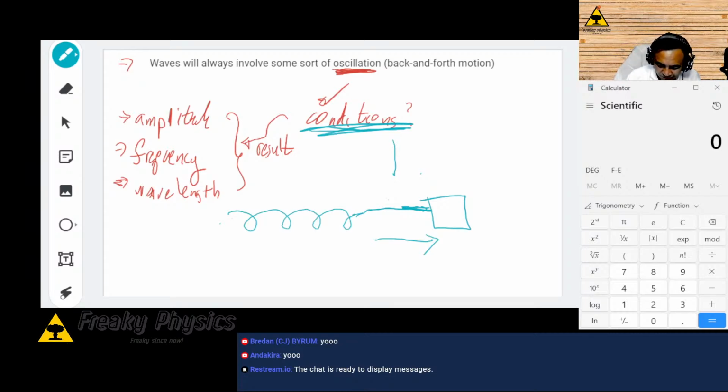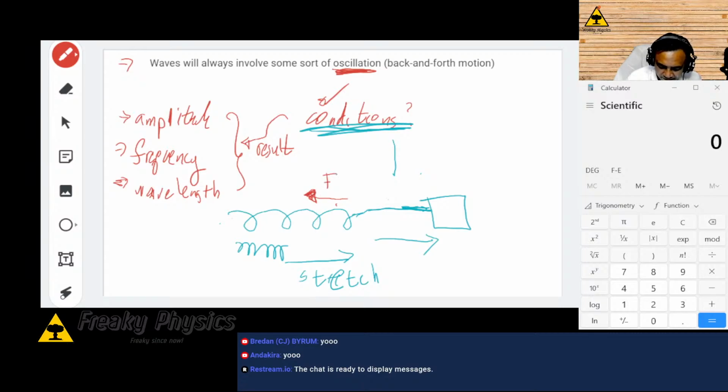What happens here is, if the spring is originally this way, you stretch the spring. Because the spring is now stretched, the spring is exerting a force going this way.